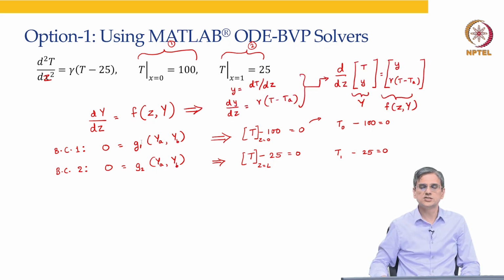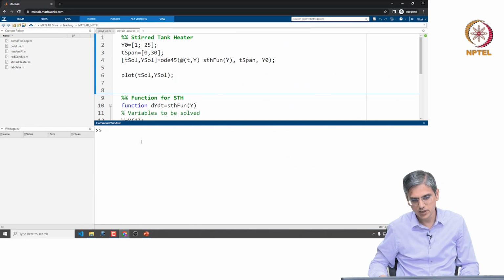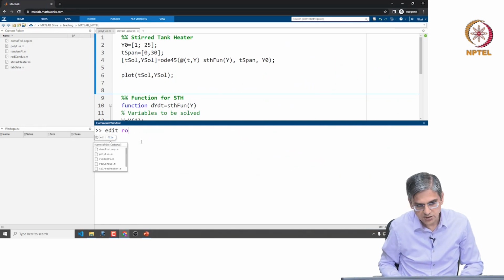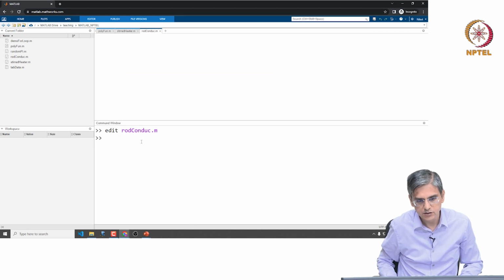Now let us go on to MATLAB and try to solve this rod conduction problem using the MATLAB boundary value problem solvers. Let us call this file rod_conduct.m, conduction in a rod.